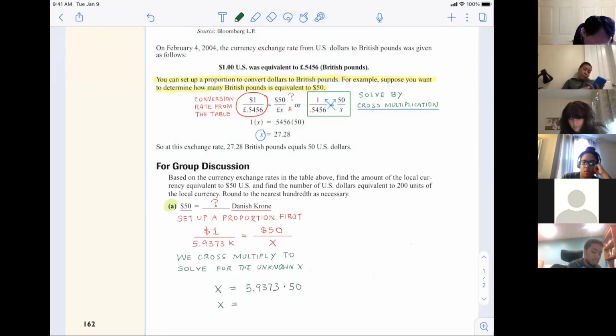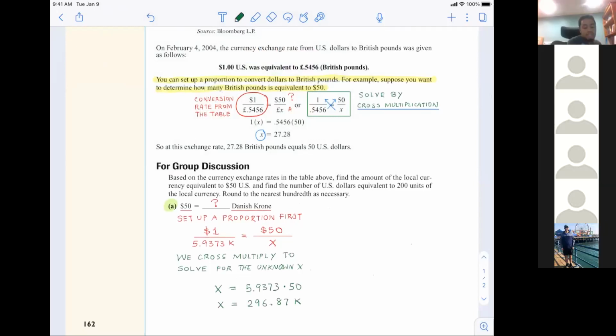I end up with 296.87 Danish crown. Is that right? So far, so good. Yes. So that is the idea of how to set up the proportion and how to solve a proportion to answer such a question.